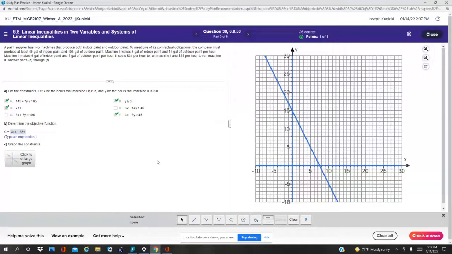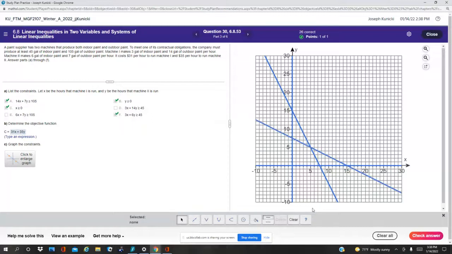When y is 0, x is 15, and 5, 5 works again because there's 9 x's and y's, so 9 times 5. If they're both 5, you get 45. So let me draw the line: 15, 0, and 5, 5. So we know where they cross at 5, 5.